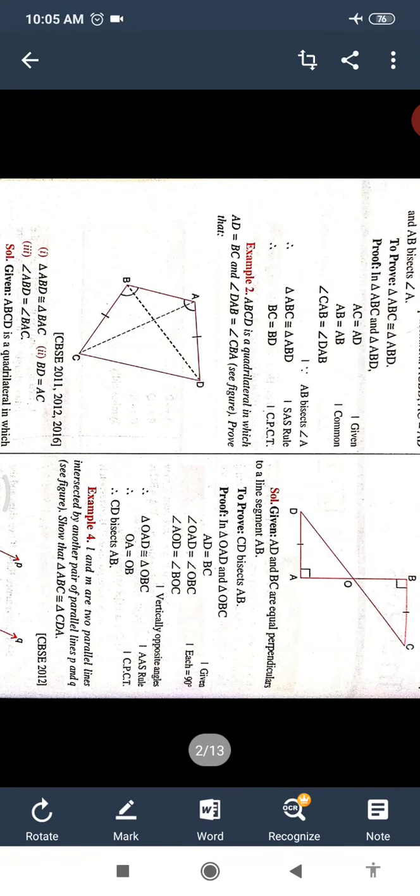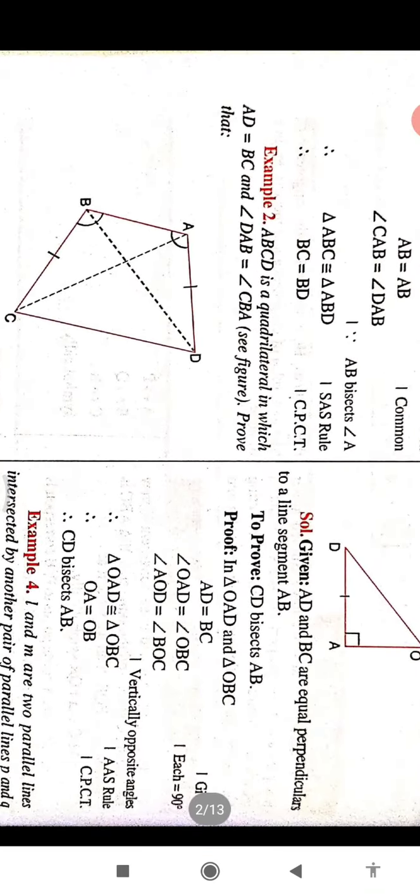So triangle OAD congruent triangle OBC according to the AAS rule, and we can prove that OA equal to OB.